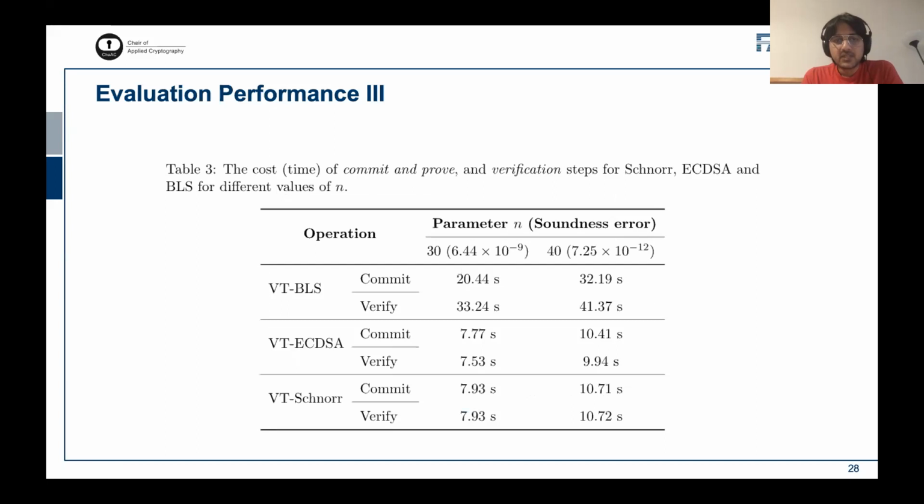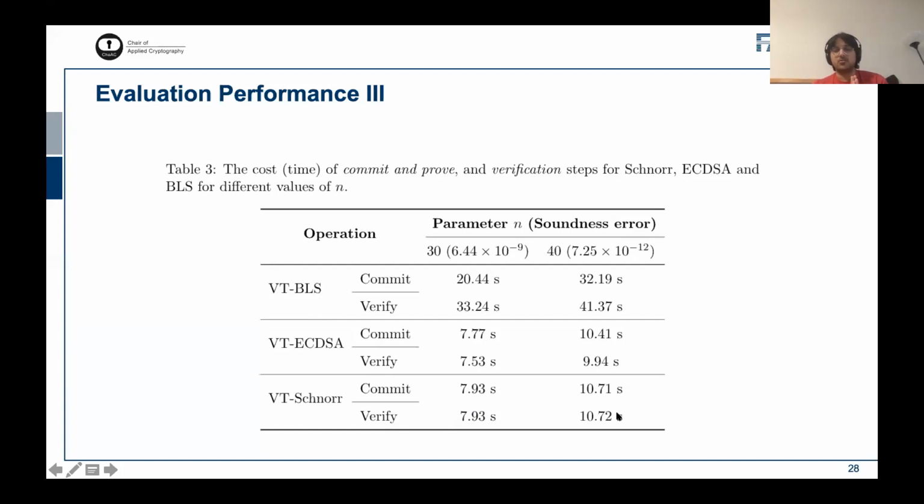And we also implement our VTS constructions. Naturally, the BLS has some pairing operations to be performed, so it's a bit slower than the ECDSA and the Schnorr variant. Do not be alarmed by the number of seconds you see here, but notice that in all our applications, the VTS verification, which seems to be the expensive operation here, is just run once.